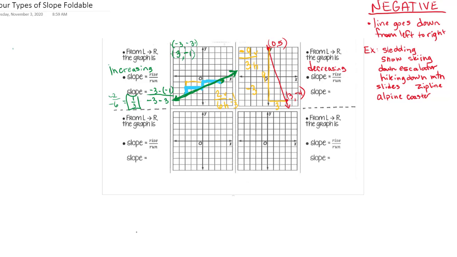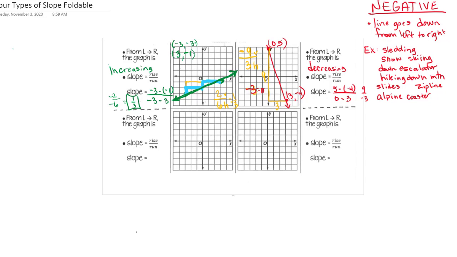Now if you do it according to the ordered pairs, you could say 5 minus negative 4 for your y's, and then 0 minus 3 for your x's. That's going to give me 9 over negative 3, which would still simplify to a negative 3 slope.